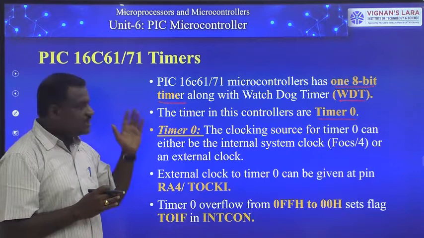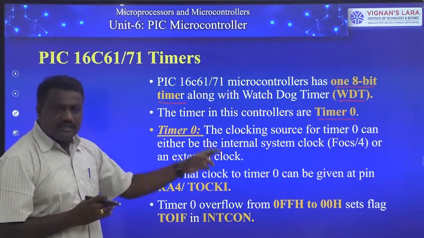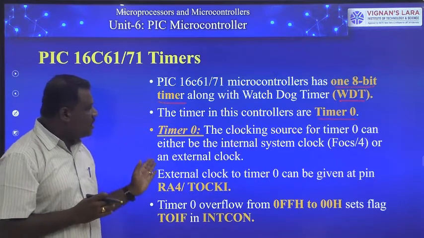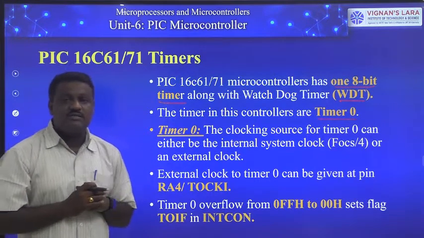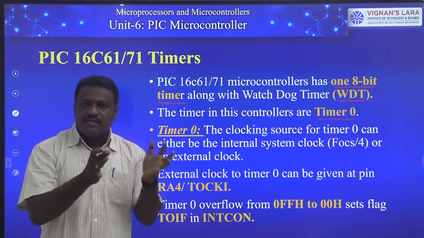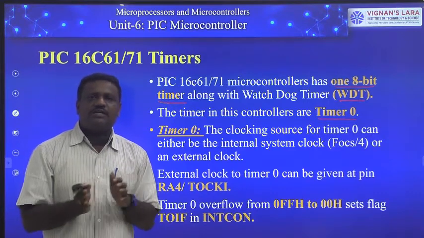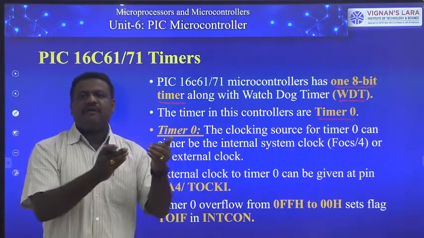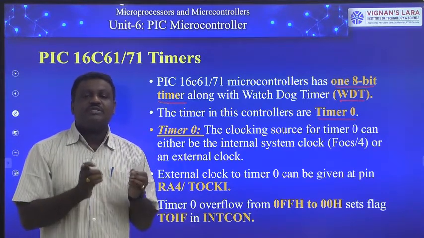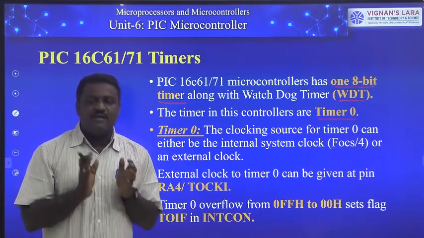Timer 0. The clocking source for timer 0 can either be the internal system clock or an external clock. That means timer 0 gets the clock signals from the internal oscillator circuit. The oscillator circuit generated clock signal passes through a divide by 4. That means each machine cycle consists of 4 clock cycles in PIC controllers.